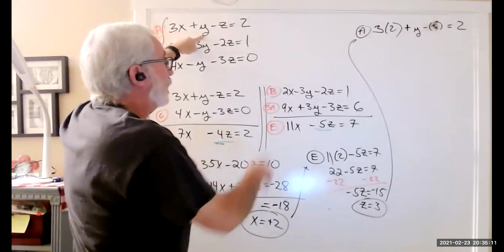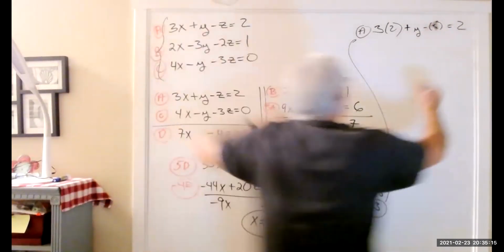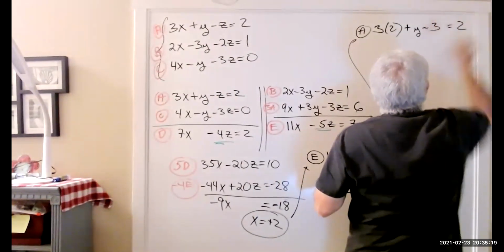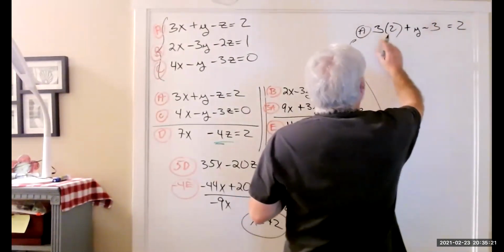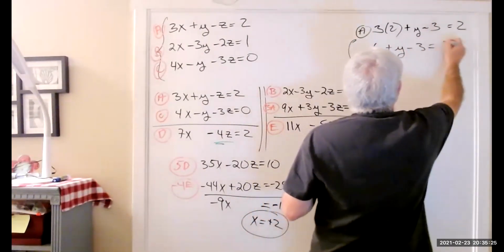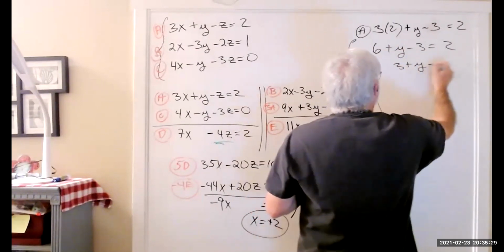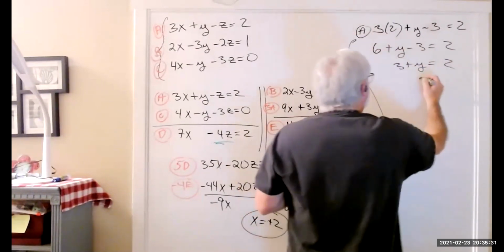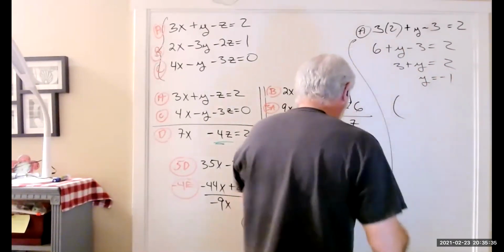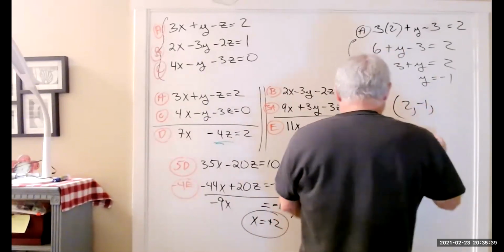We don't know what y is, so plus y, minus 3z equals 2. So I have 6 plus y minus 3 equals 2. 6 take away 3 is 3 plus y is 2. So I get y is negative 1. So I get solutions triple 2, negative 1, 3.